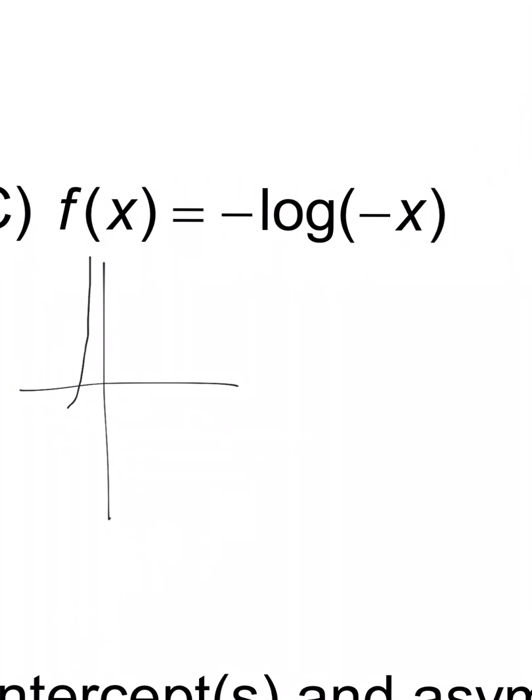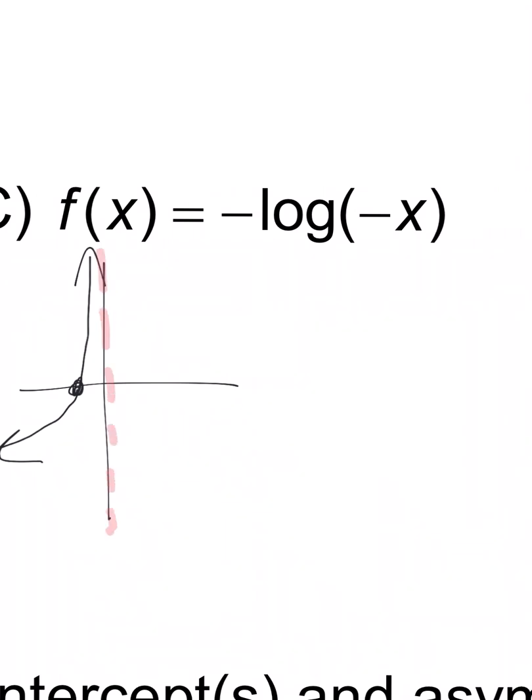Let's go like this. Where's that intersection point going to be? If I have it at 1, 0, I've reflected about the x-axis, and now I'm flipping it about the y-axis, which doesn't change that point at all. So our key point has been reflected to the point -1, 0, and we have a vertical asymptote.